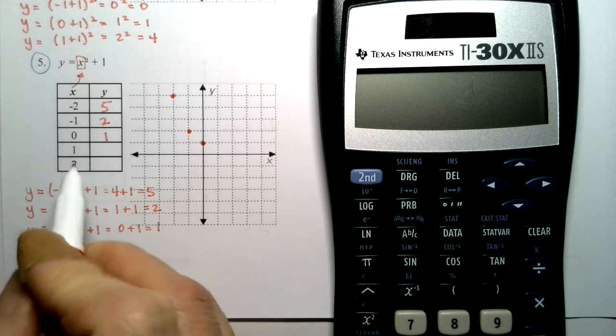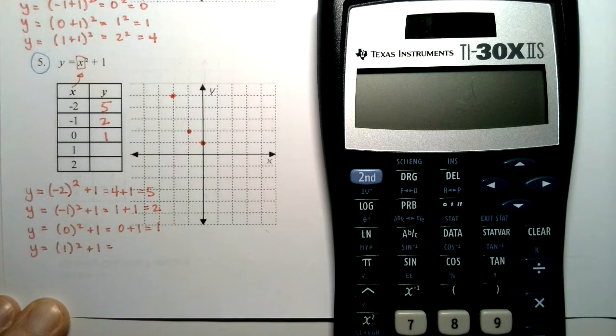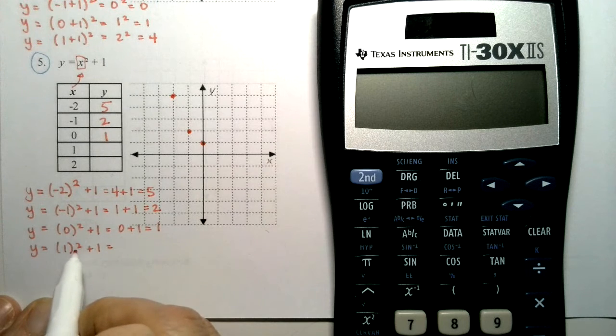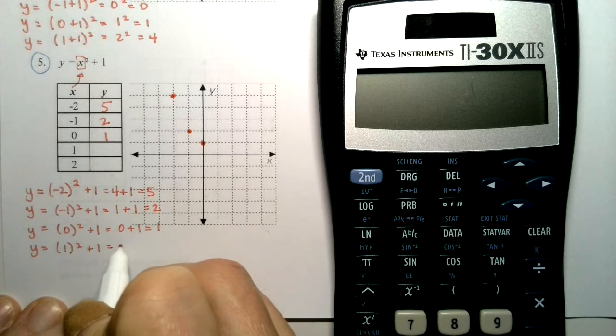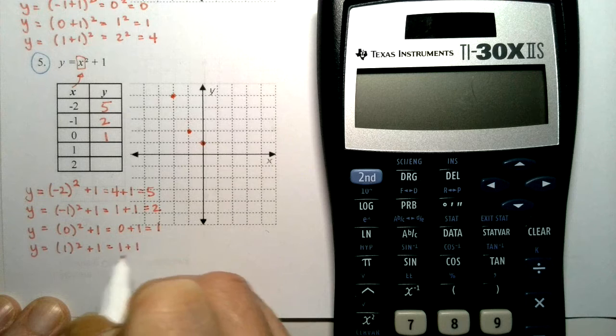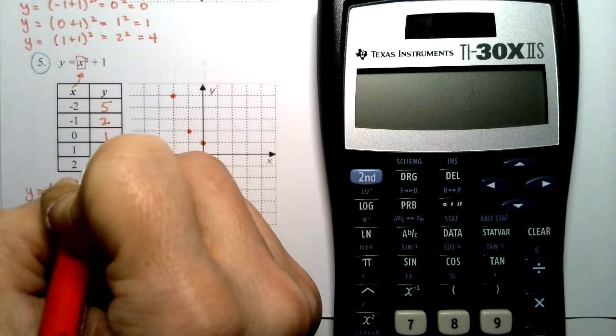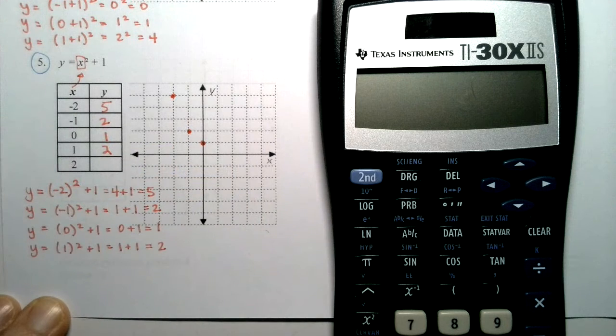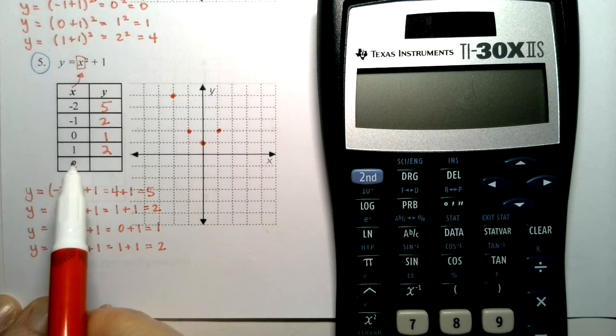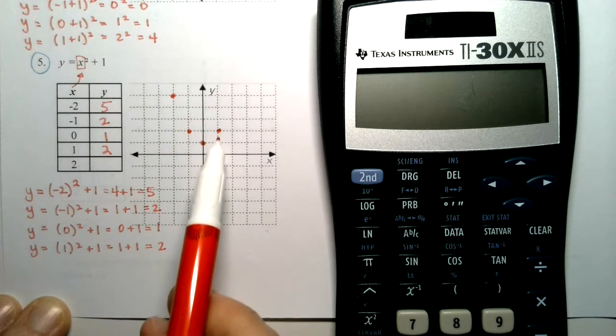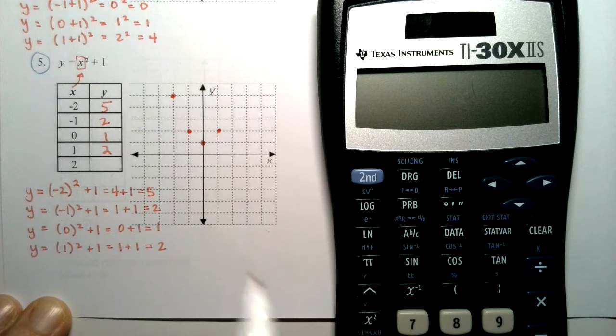And then plug in 1. 1 squared is 1 times 1, which is 1, plus the 1 on the outside. 1 plus 1 is 2. Point is at 1, 2. The x is 1 and the y is 2.